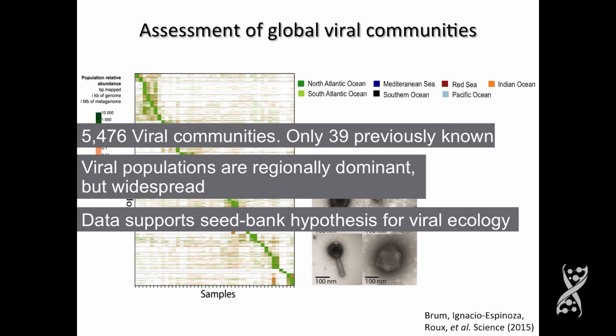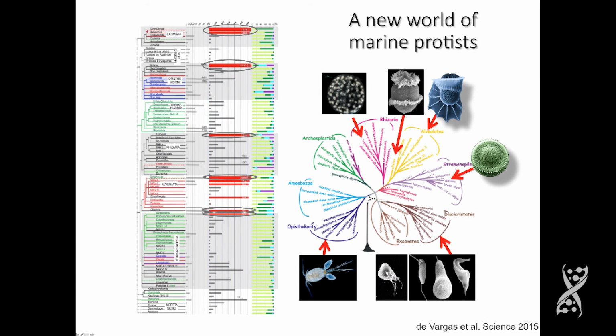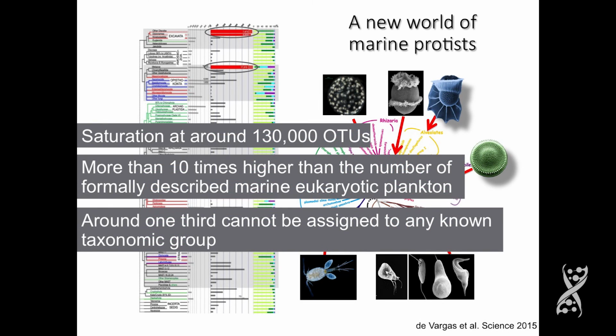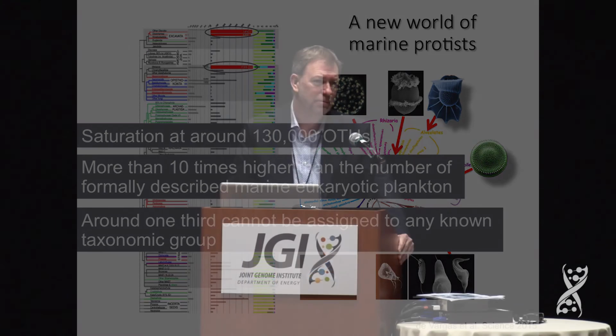So that's the viruses, and then concerning the protists, the eukaryotic community, we described these communities using a meta-barcoding approach, and we found here saturation at about 130,000 taxa using our method of OTU binning. So again, that's pretty much saturated.